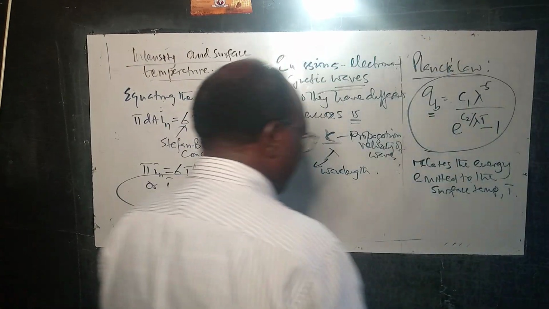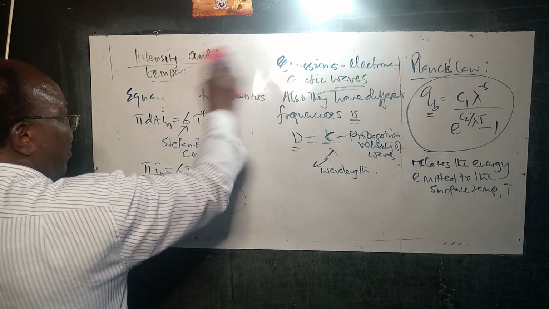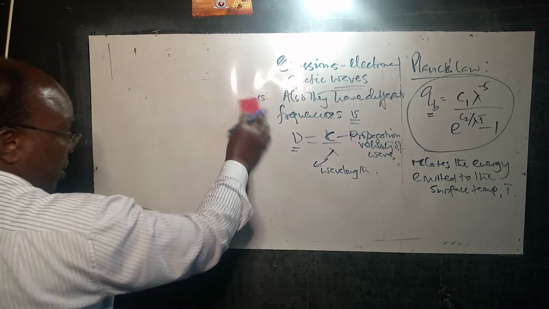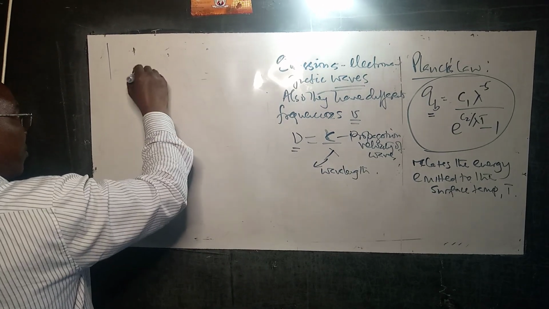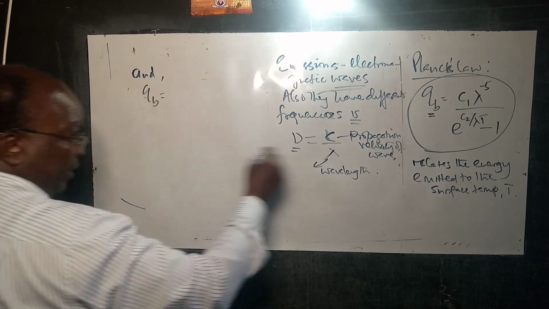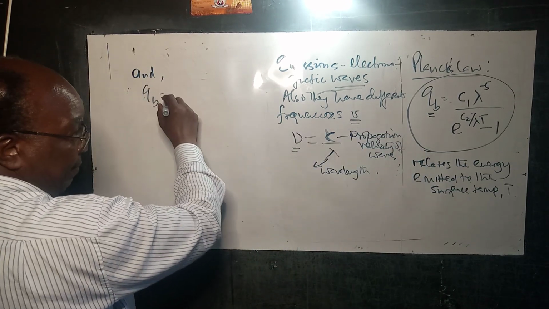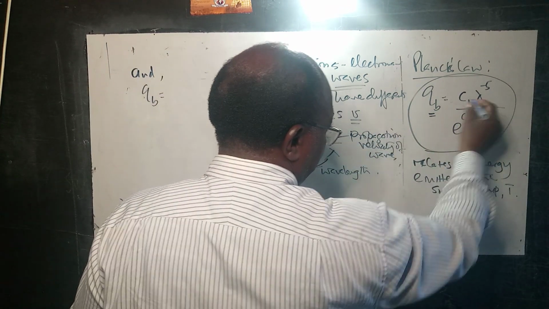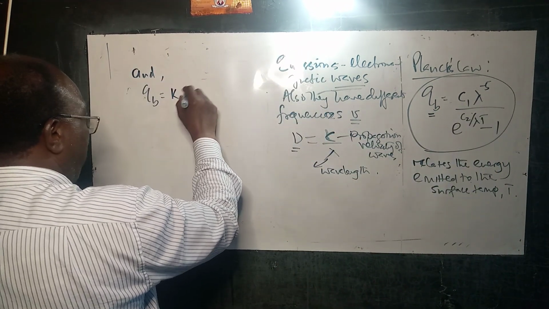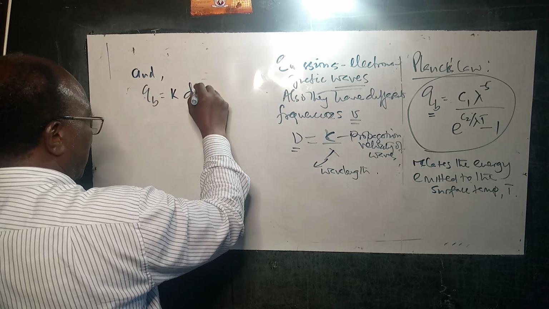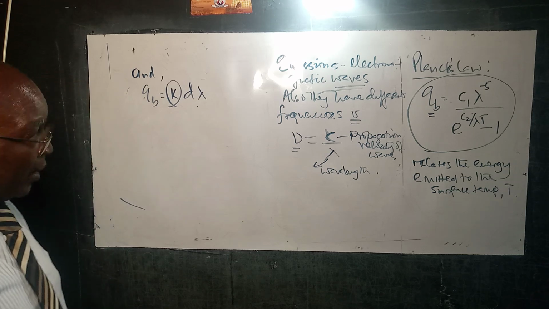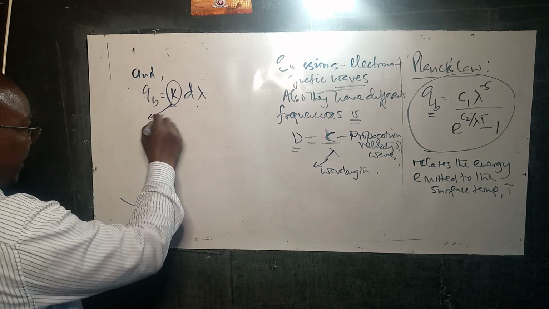And so if you look at this quantity Q, it is related to the band in which those wavelengths fall. Let's say Q_B is related to the band.